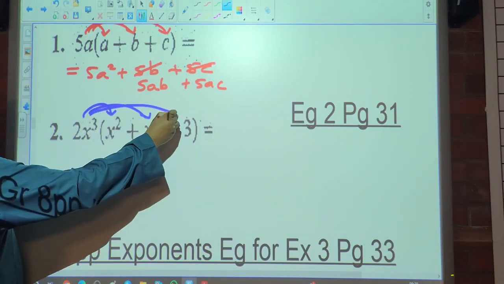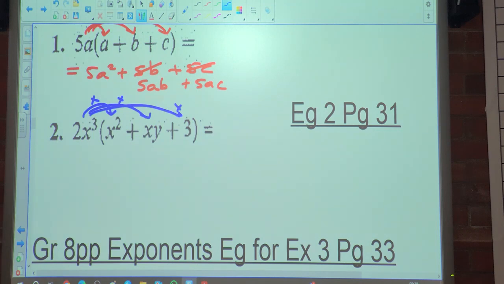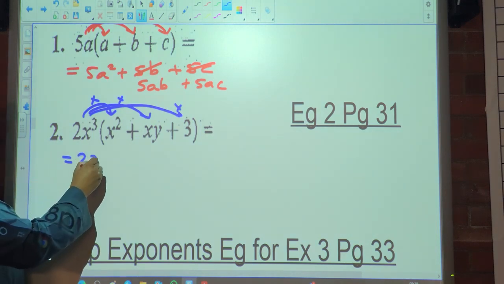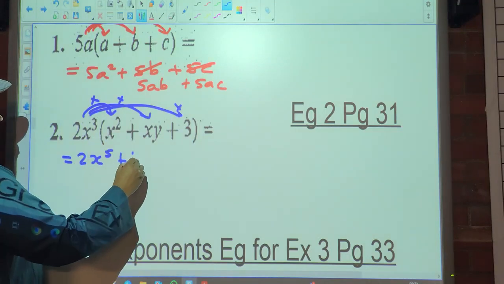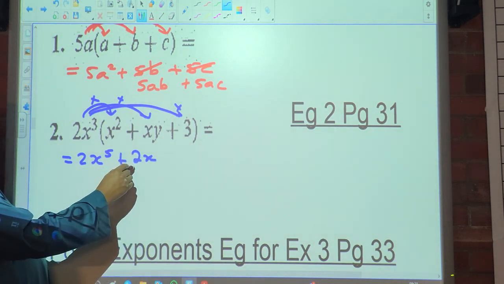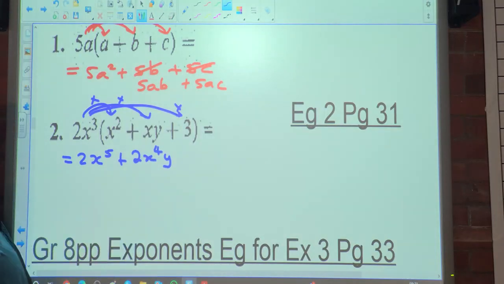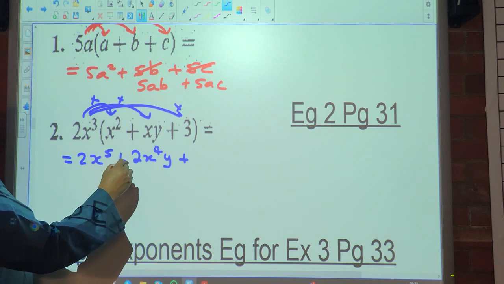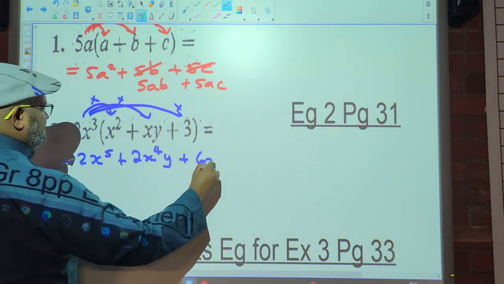Again, we're going to multiply out. 2x to the exponent 5, plus 2x cubed times xy, which gives 2x to the exponent 4 y, plus 6x cubed, since 2x cubed times 3 is 6x cubed.